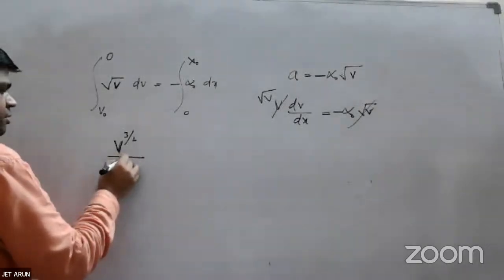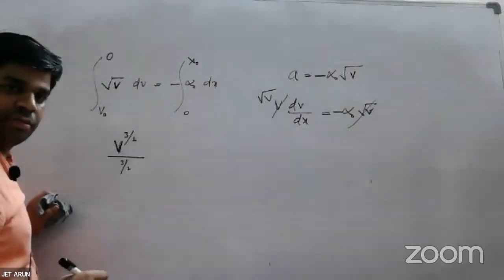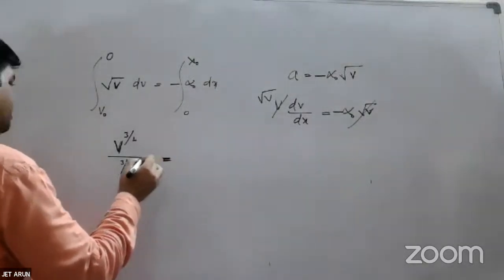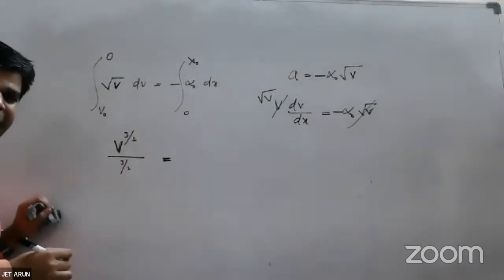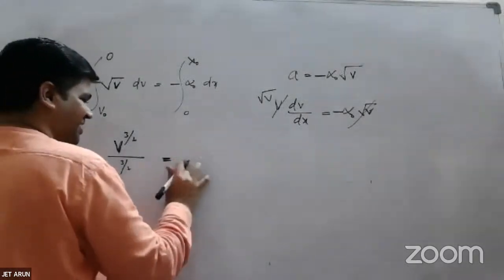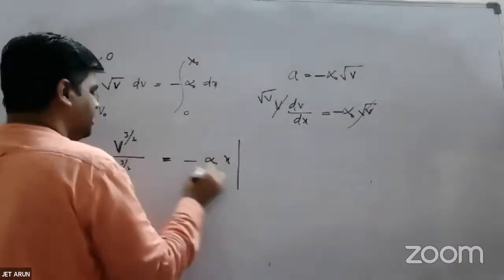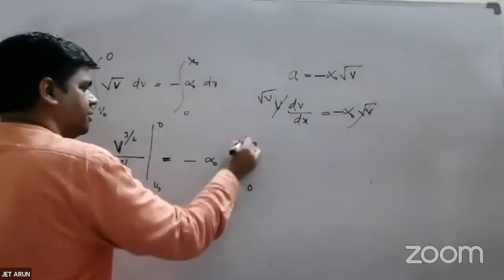Is it Gayatri? Hi Gayatri, you were silent till now. Are you joined in the chemistry class? No, sir. Okay. So minus alpha naught x under limits v naught to 0, and limit 0 to x naught.